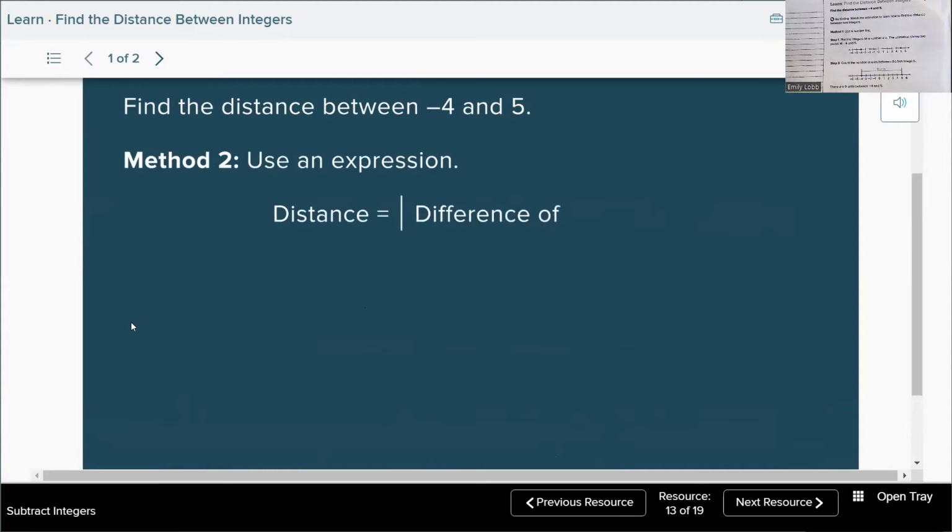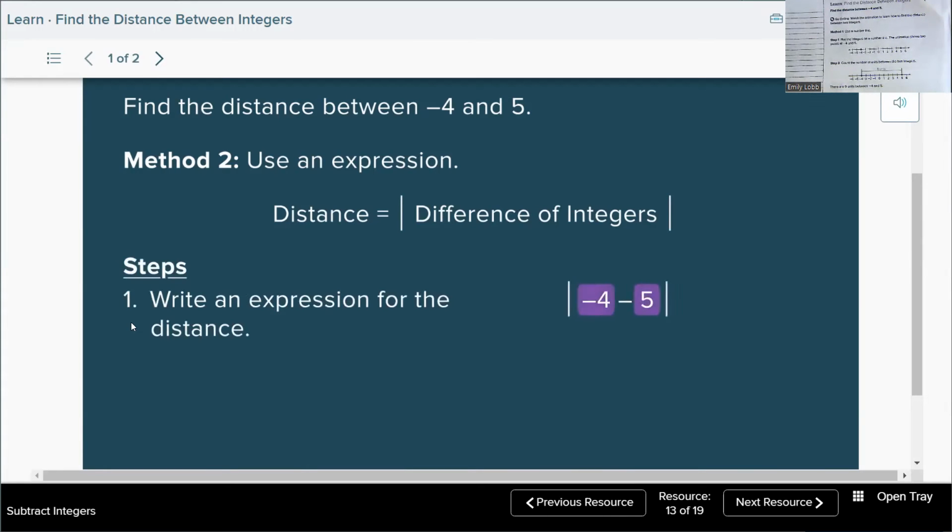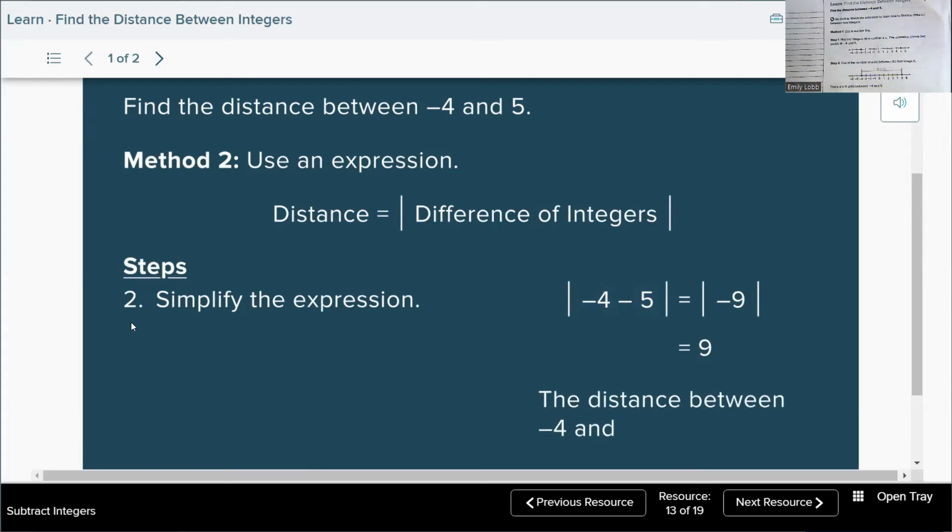The distance between two integers is equal to the absolute value of their difference. Begin by writing an expression that shows the difference of the two integers between absolute value bars. Now simplify the expression. First, subtract the integers. Then find the absolute value. This method also shows that the distance between -4 and 5 is 9 units.